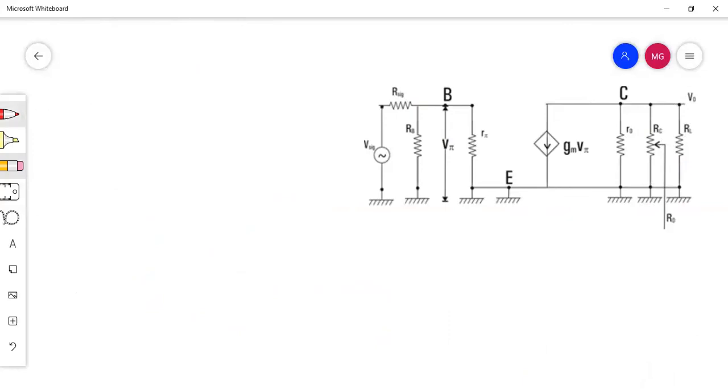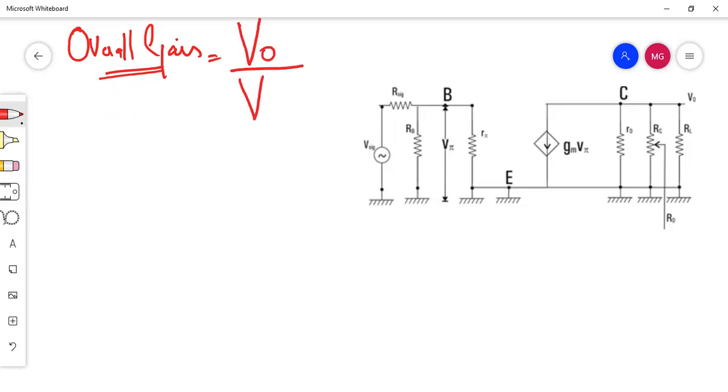Next we have one more gain, called overall gain. From the word itself, we can say it is overall. Overall gain means overall output divided by overall input. What is the overall input? It is not Vi here, it is V signal. So we take the fraction output voltage divided by signal voltage.